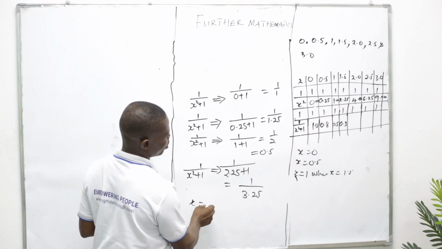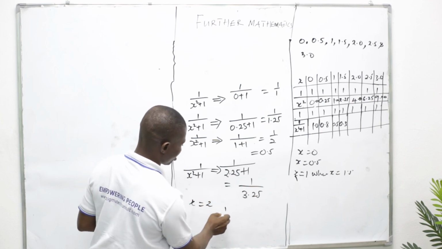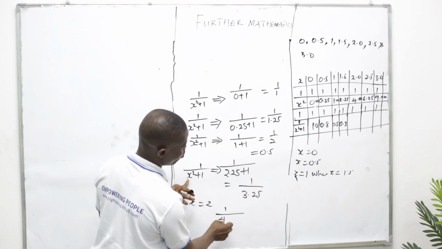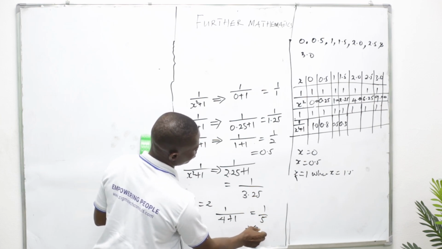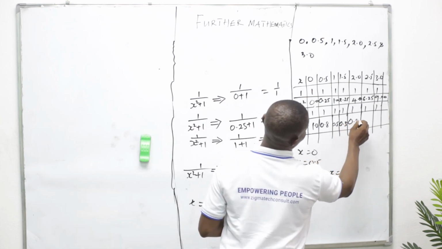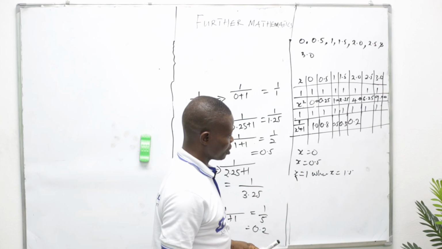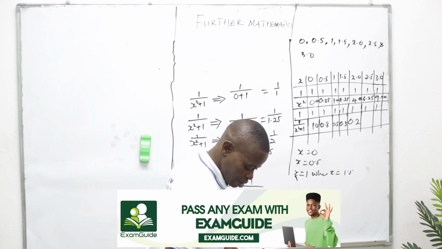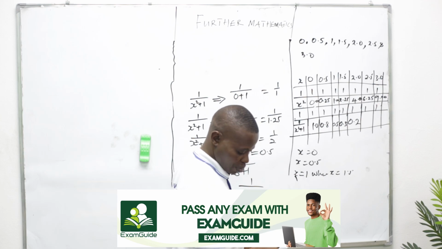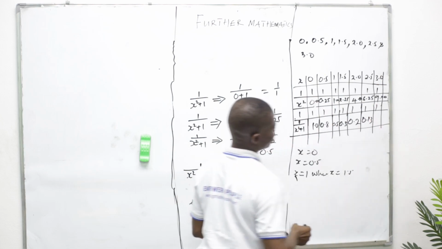We'll go over to this. When s equals, please learn how to manage your time at the same time. When s equals 2, this will give us 1 all over s squared, which is 4, plus 1. That's 1 all over 5, which will give us 0.2. You're right, 0.2. Then 6.25, we're going to have 1 over 7.25. 1 divided by 7.25 is 0.13.